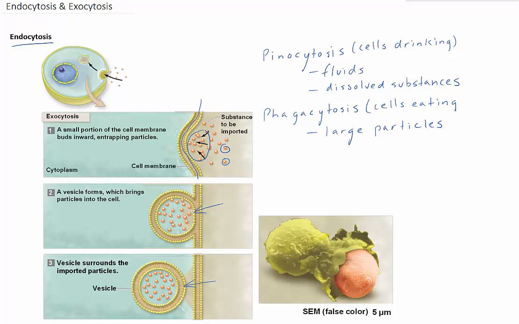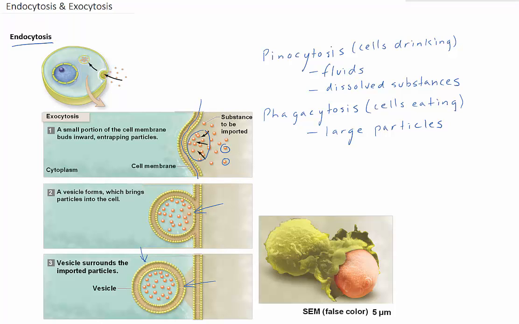Once a cell has engulfed either a fluid or a large particle, the vesicle that is formed actually fuses with a lysosome, and that lysosome releases enzymes into the vesicle that break up the molecules or particles.